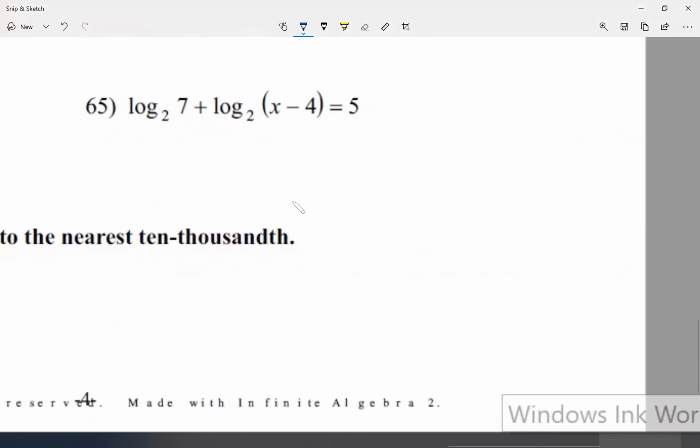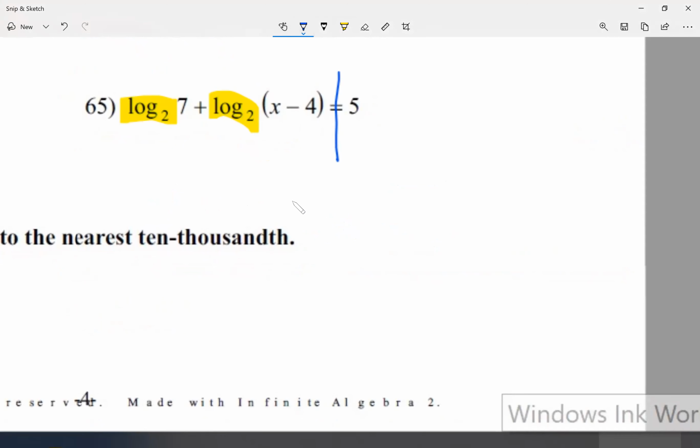Now, here on number 65, when I separate them at the equal sign, I see the logs only on one side of the equal sign. So not on both sides, only on one side. So let me condense the left side first.